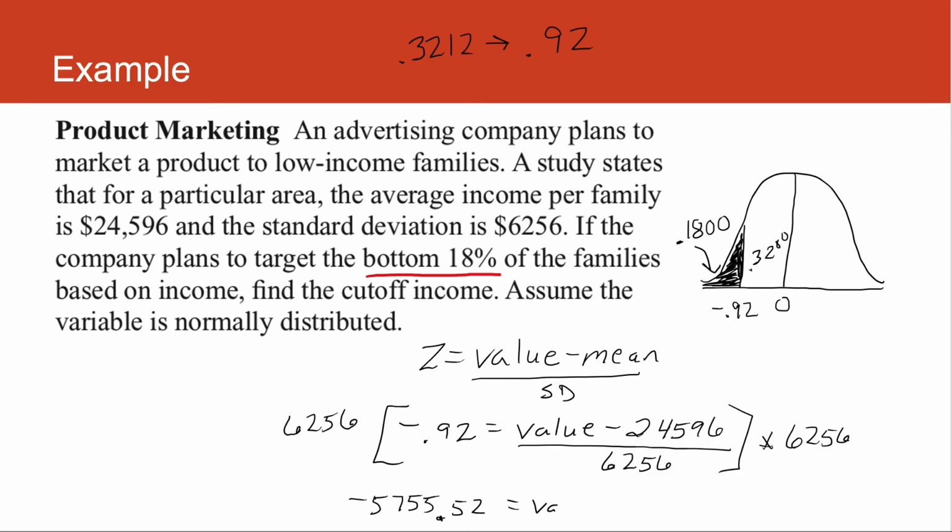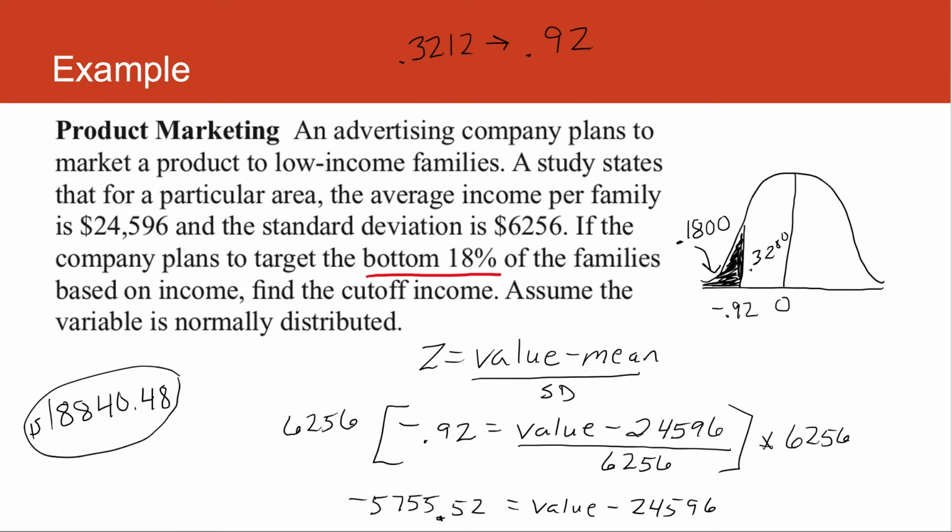And then on the other side, it's going to cancel out, so it'll just leave me the top part of the fraction. Okay, and then as a final step, you want to add the 24,596 to both sides. All right, and when you do that, you get your answer, which should be 18,840.48.